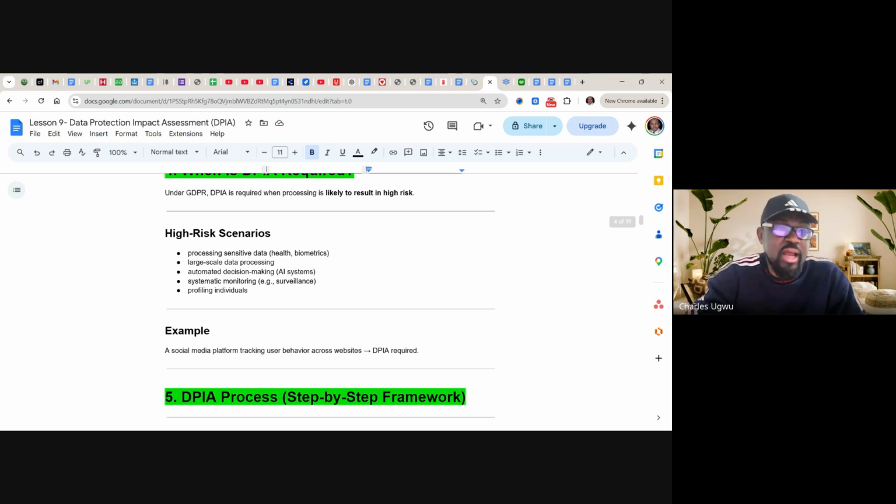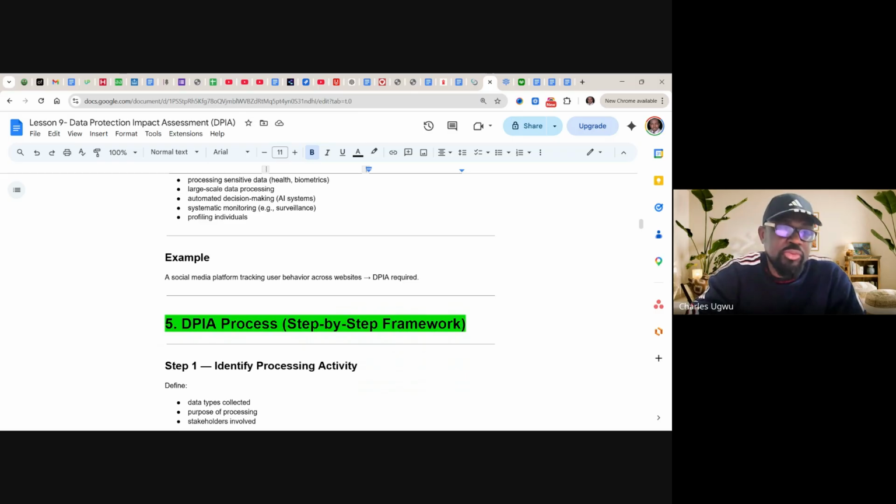These are high-risk environments where we make use of these scenarios. They are all high risk, and these are where a data protection impact assessment is needed. So we are trying to reduce the impacts.